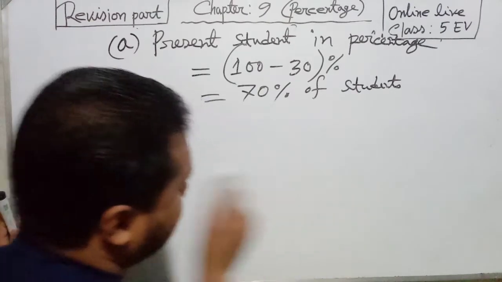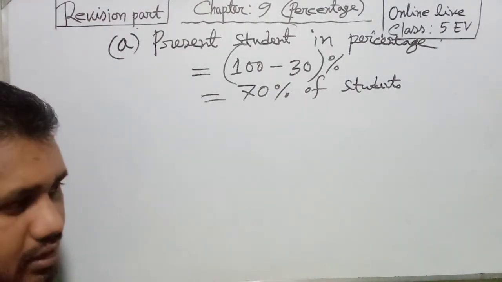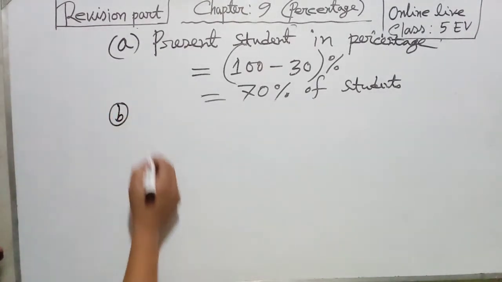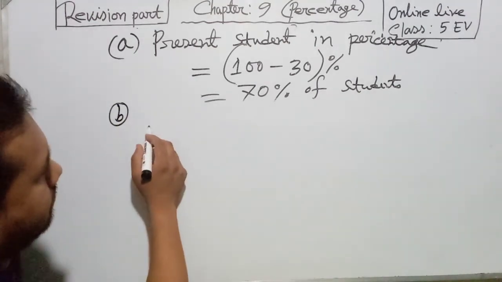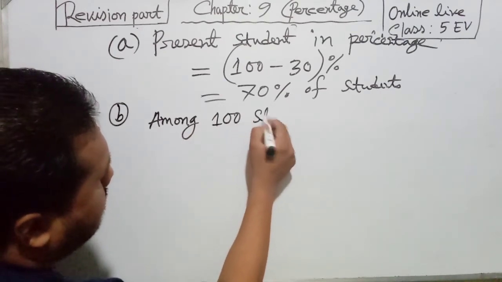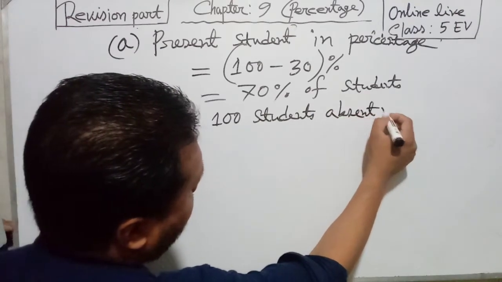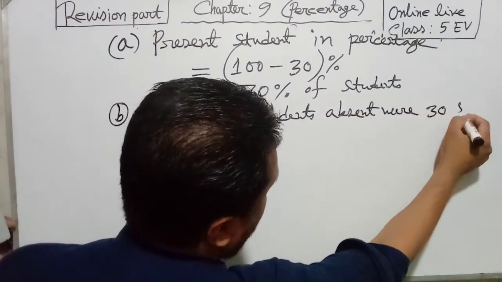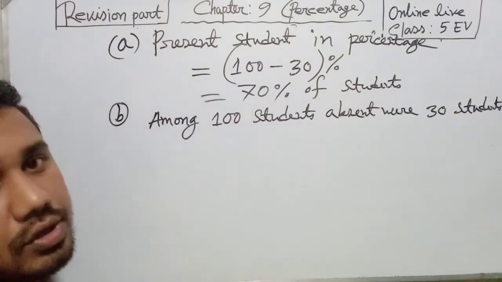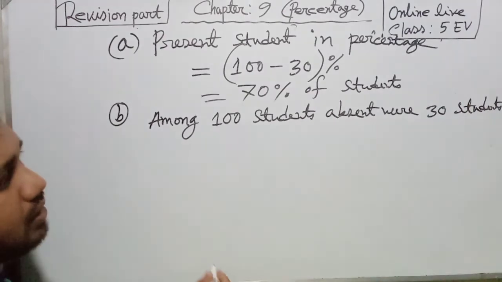So B number, 30% of students were absent. That means among 100 students, absent were 30 students.